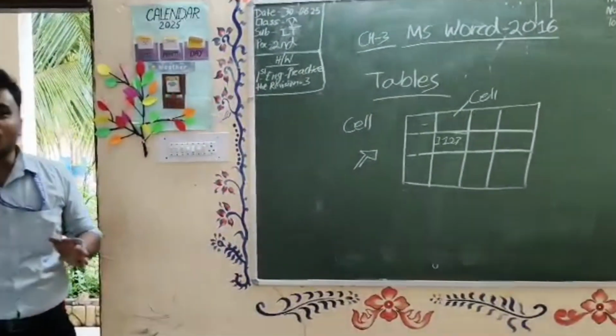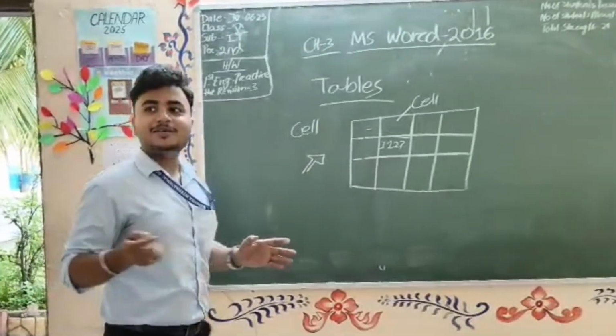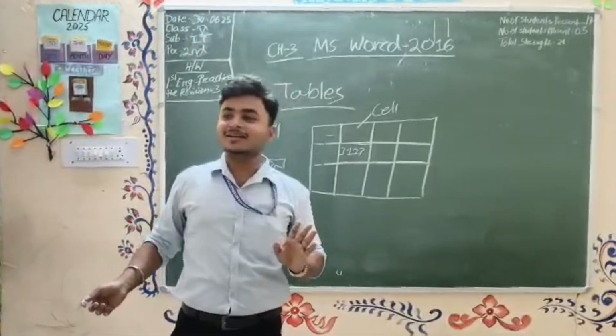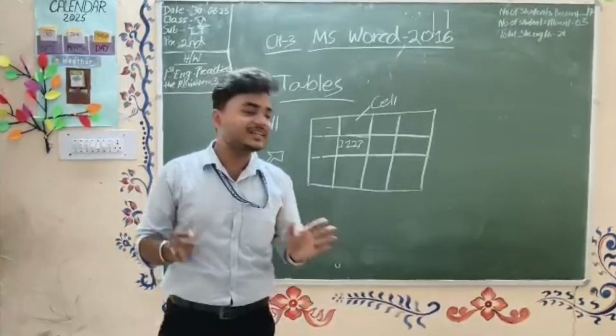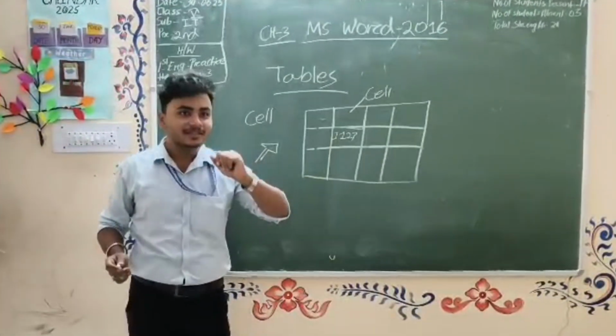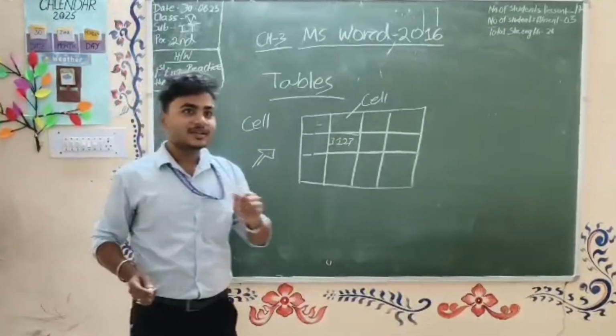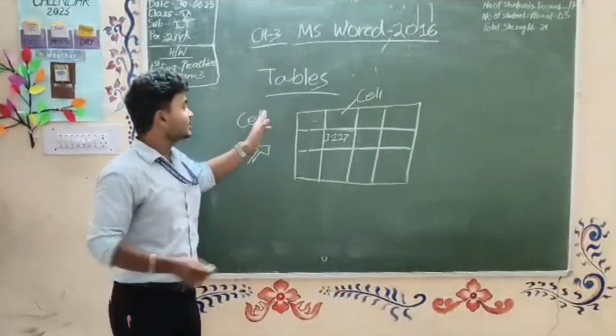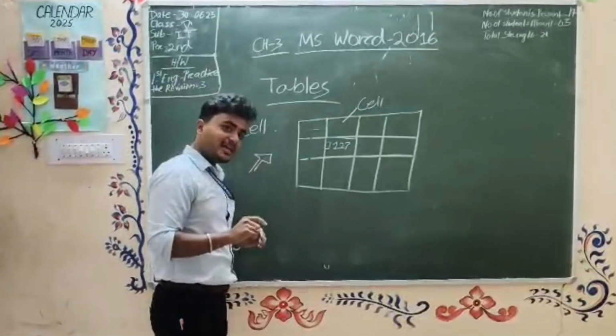Now tell me how to select a row. Click on the margin of the row, on the left side of that row. Then a simple left click.